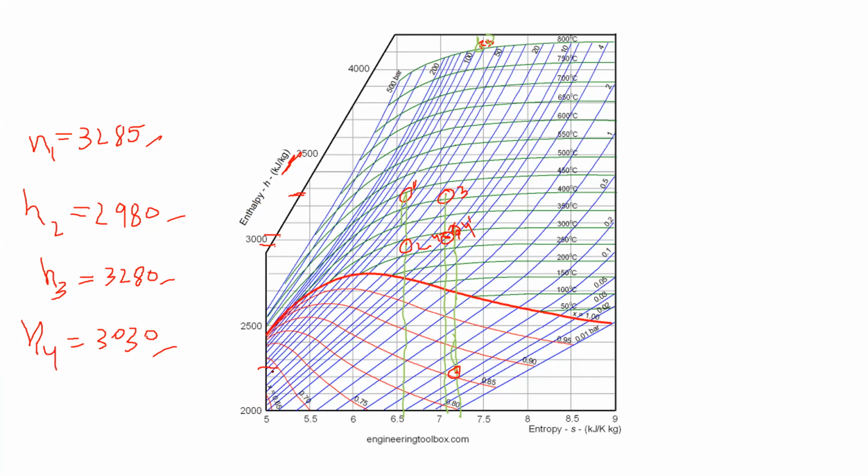This is the point where the fifth state enthalpy is. Here the H5 taken from the Mollier chart is equal to 2210 kilojoules per kg.